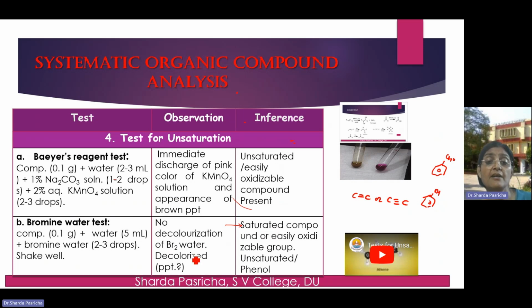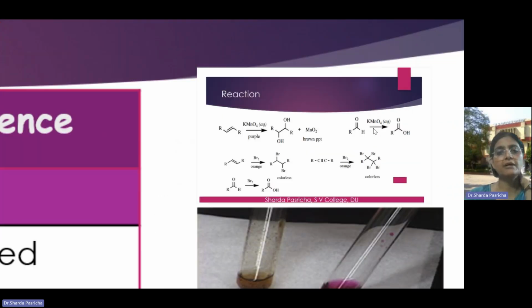However, if the solution is immediately decolorized without any precipitate, then we say there is unsaturation, carbon-carbon double bond or carbon-carbon triple bond. However, if the solution decolorizes with a white colored precipitate, then we say that the compound is a phenol. Let us go back and understand the chemistry here.